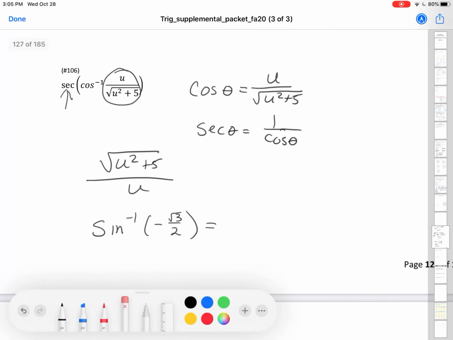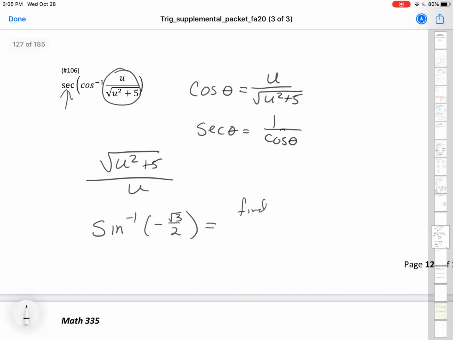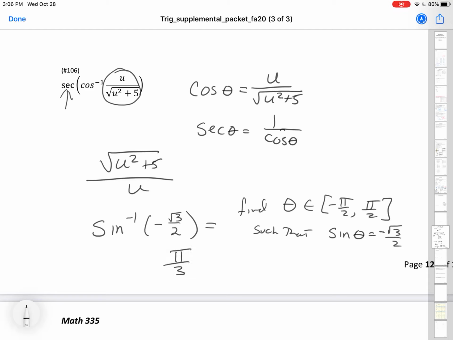This is saying, find theta that's an element of minus pi over 2 to pi over 2, such that sine of theta is equal to negative root 3 over 2. And we know this angle. This is a pi over 3 angle, but it can't be pi over 3 because the sine of pi over 3 is positive. It's got to be negative pi over 3 because sine in the fourth quadrant is negative, which is where minus pi over 3 lies.